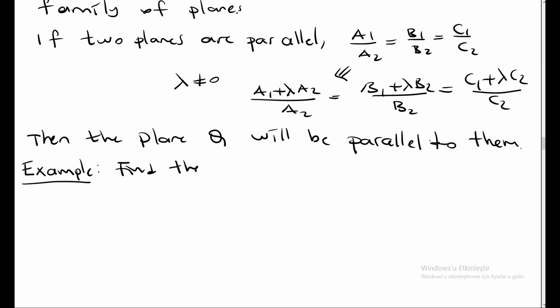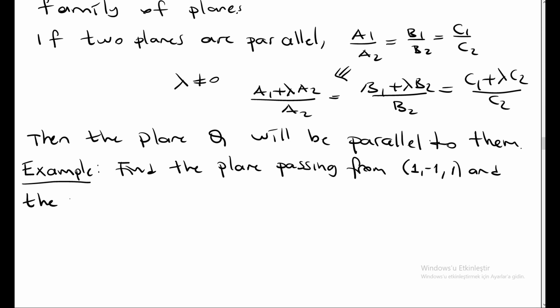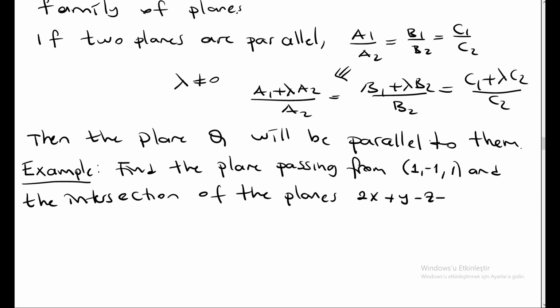Find the plane passing through the point (1, -1, 1) and the intersection of the planes 2 times x plus y minus z plus 1 equals 0, and 2 times y plus 5 times z minus 4 equals 0.